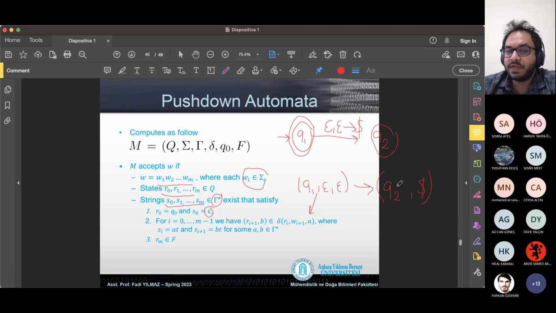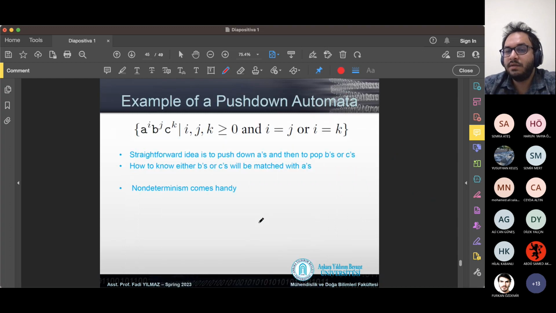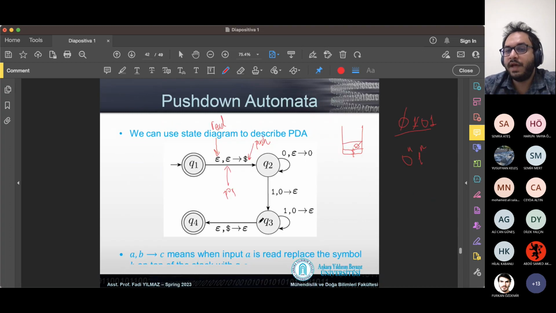If such rules exist, and r0 is part of Q and s0 is part of the stack alphabet, then if you have such a bunch of rules, you just say it's going to be accepting. Okay, guys.